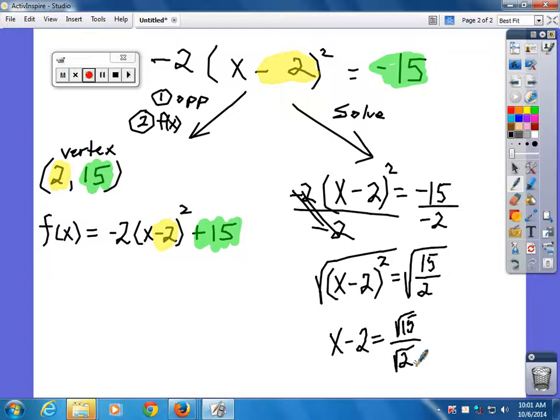Now what are we going to do with the square root of 15 over the square root of 2 before we even do anything else? Rationalize the denominator, so multiply by the square root of 2 over the square root of 2, which is equal to the square root of 30 over 2. And then bring this over, which is 4 over 2.